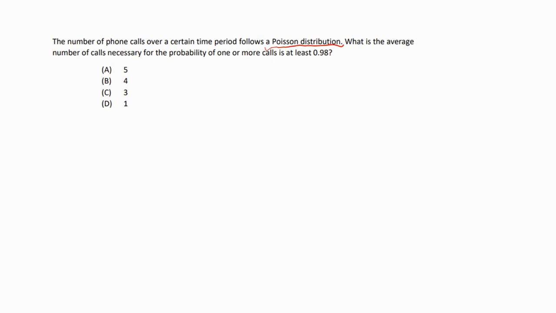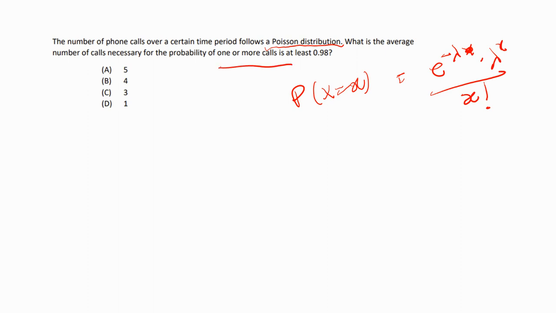When it follows Poisson distribution, then the probability of x is e to the power minus lambda, lambda to the power x, divided by x factorial. Now what we need to find is the probability of one or more calls, so x is greater than or equal to 1.